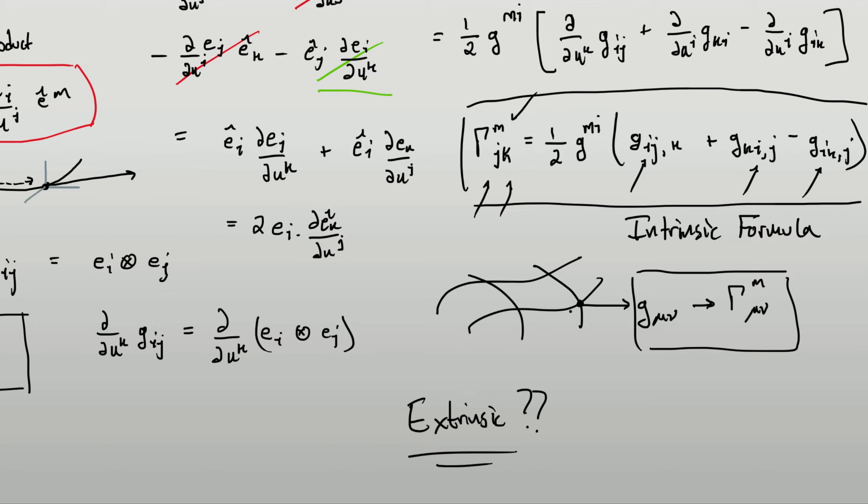Okay. Before I end this video, again, I just want to reiterate, we have this picture, we have this g mu nu now, and from the g mu nu, if we take derivatives of it, we can get our Christoffel symbols, or this is also sometimes known as the affine connection.